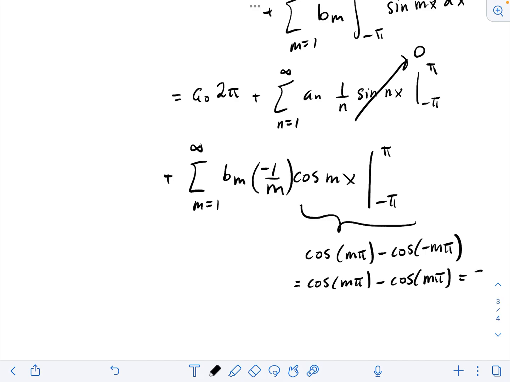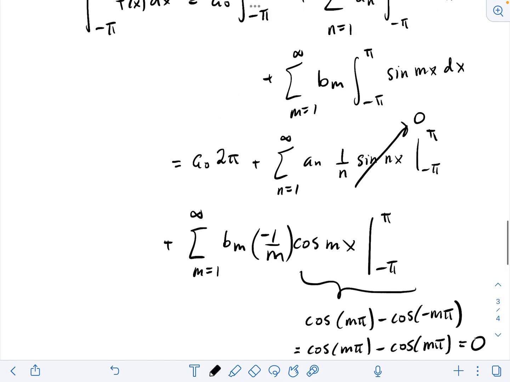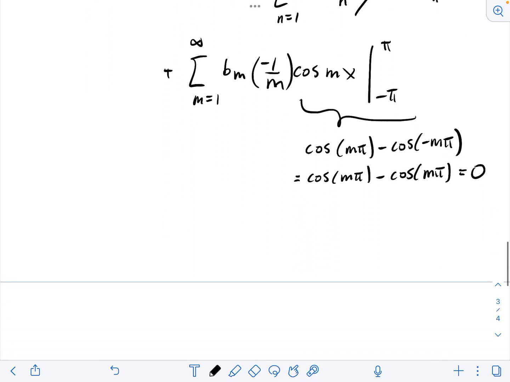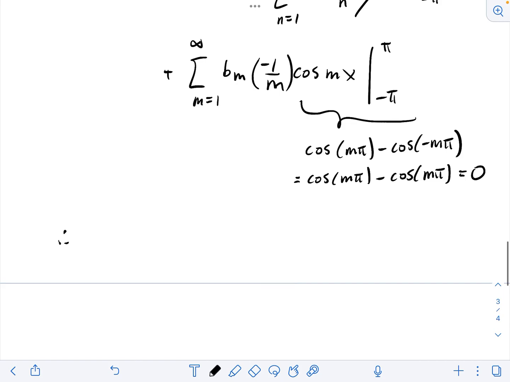So the only thing that survives from this entire integral is the very first term, which evaluates to 2 pi times a0. And so therefore, we can deduce that a0 must be equal to 1 over 2 pi, the integral from minus pi to pi of f of x dx.